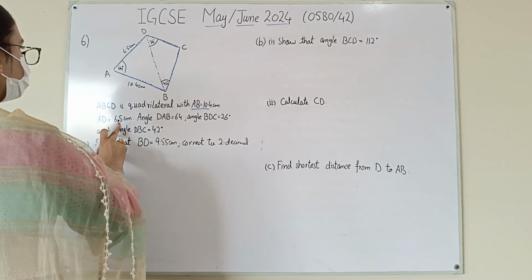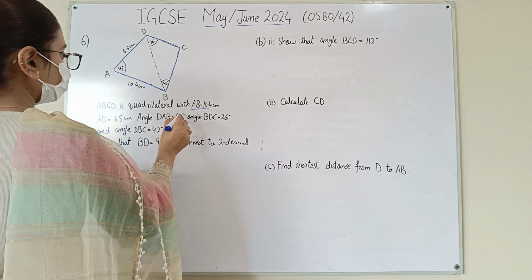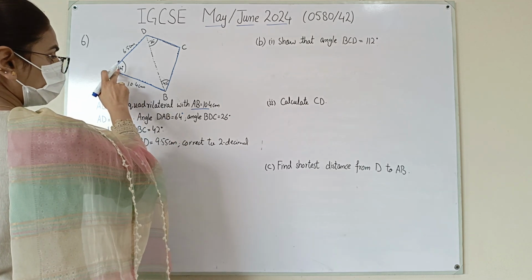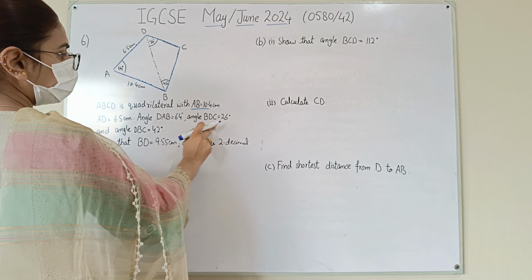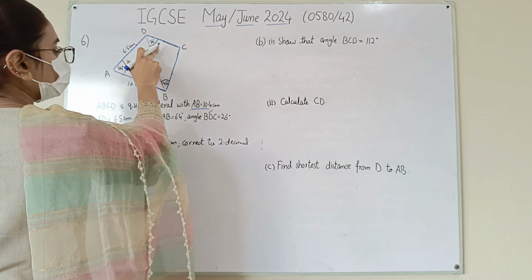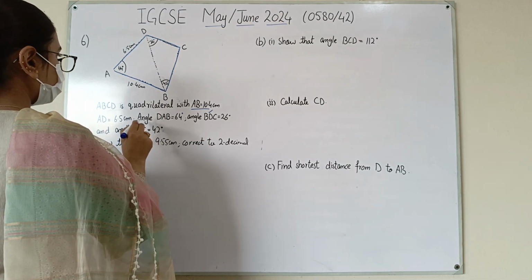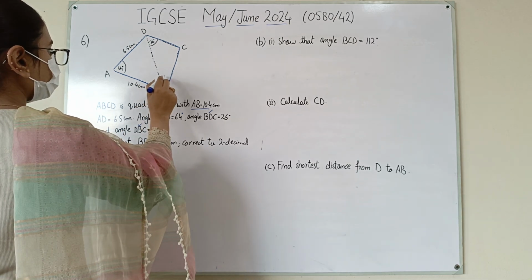Furthermore, AD is 6.5, which is also mentioned. Angle BAD is 64 degrees. Angle BDC, meaning the angle mentioned at the middle point D, is 26. And angle DBC is 42, which is mentioned over here.